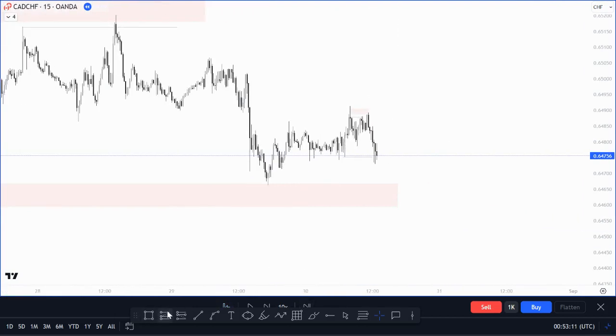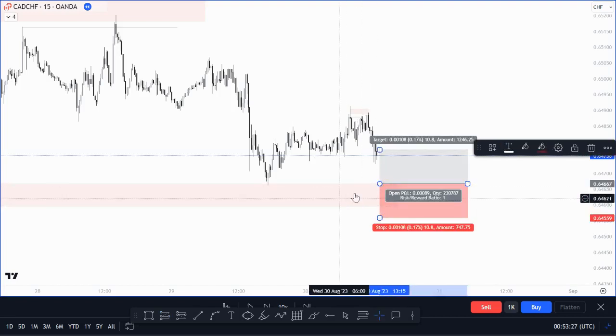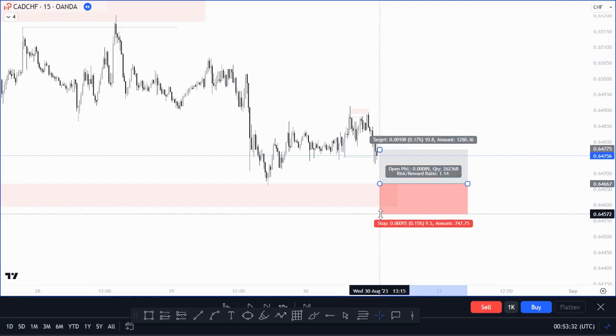You use this other one, the long position. Recall that the initial one was the short position. Because this is a buy market, you are using the long position now. You click on it, place it on the tip of the line you drew, which should be your demand zone at this point. Now you place your stop loss just below it.